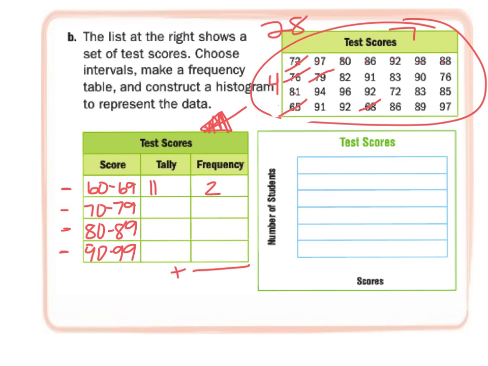I'm going to do all my 70s, and I'm going to count as I go. 1, 2, 3, 4, 5. I have 5 in the 70s. Okay, now in my 80s, I have 1, 2, 3, 4, 5, 6, 7, 8, 9, 10.